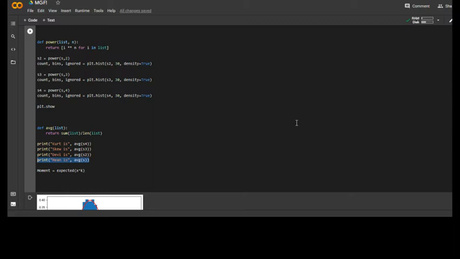For a 6-sided dice, the only possibilities for the random variable x are 1, 2, 3, 4, 5, 6. For x squared, it's just 1, 4, 9, 16, 25, 36. That's x squared. X cubed, you just cube it, and so on.